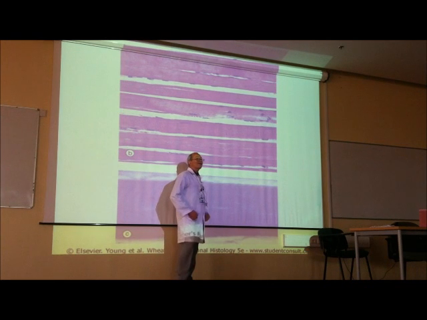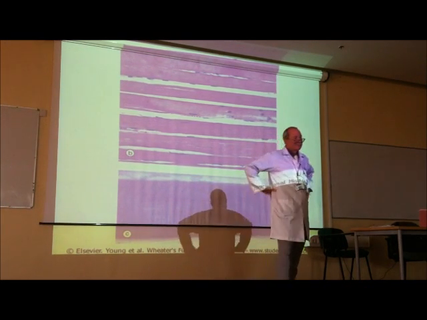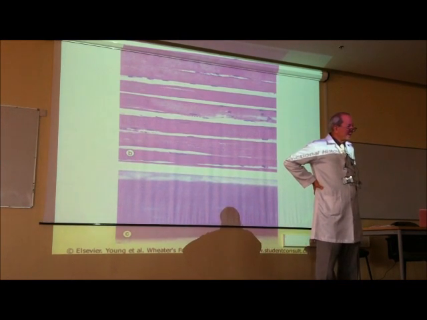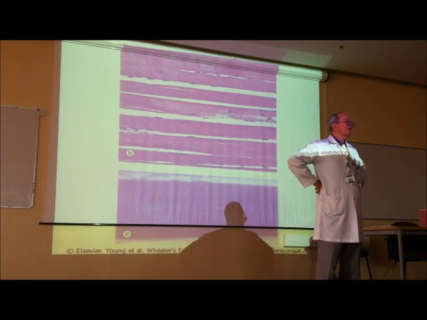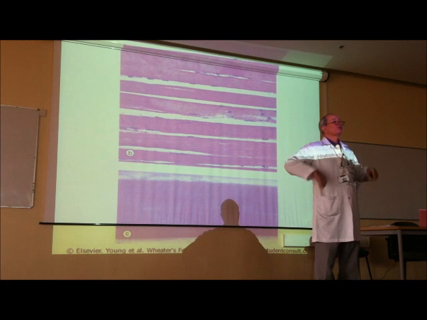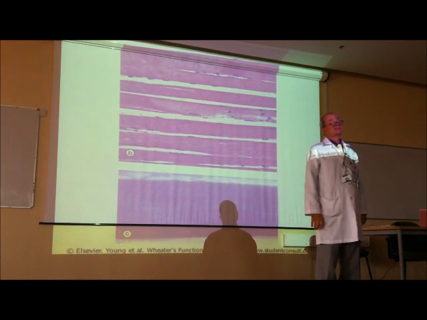Okay? What is the structural unit in muscle? Sarcomere. Okay? What are the types of proteins in muscle? Contractile and link proteins.